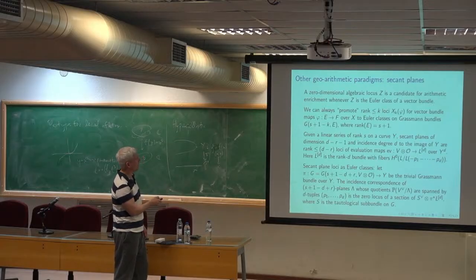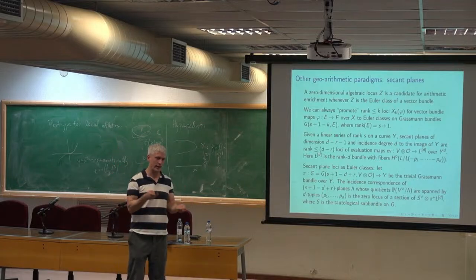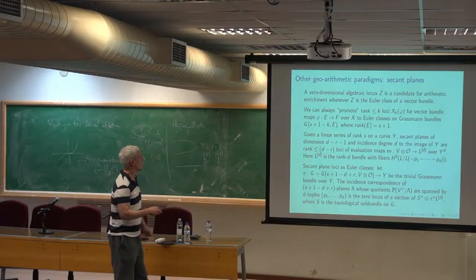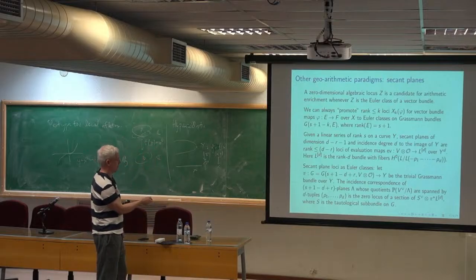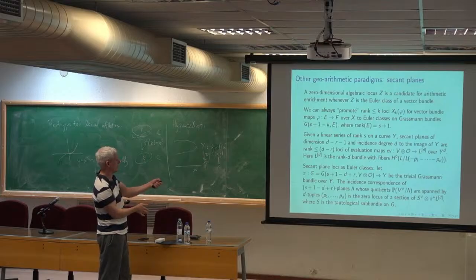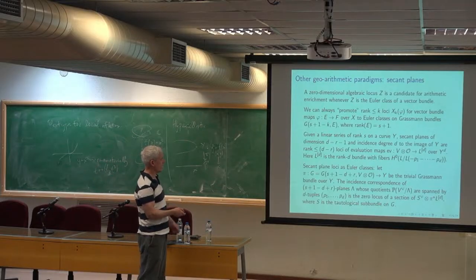But I want to end by saying that there are other geometric and arithmetic paradigms that you could think about and try to apply the A1 package to. The main paradigm that is the focus of work in progress for us right now is where instead of looking at inflection points of linear series, we look at secant planes.